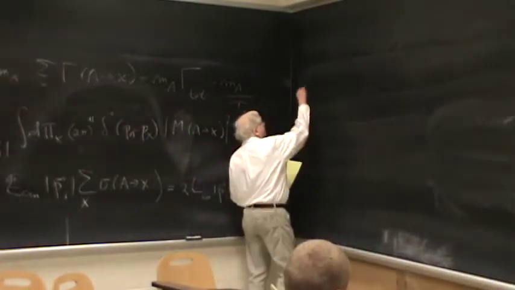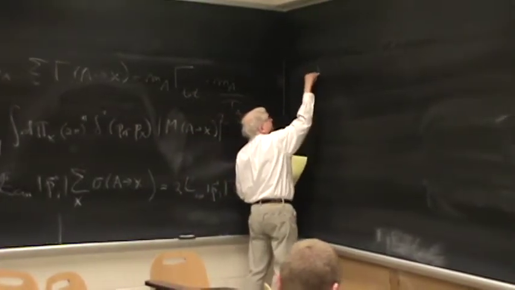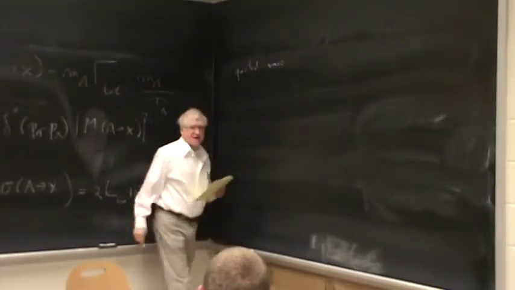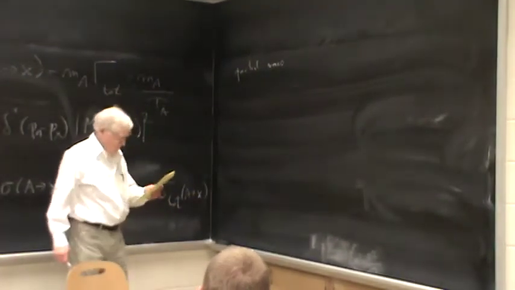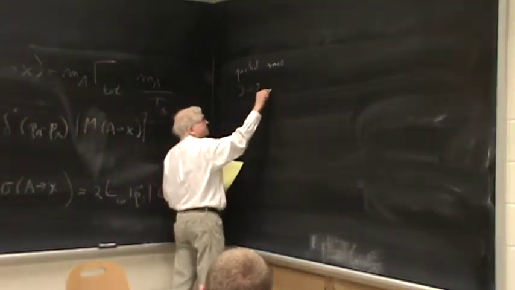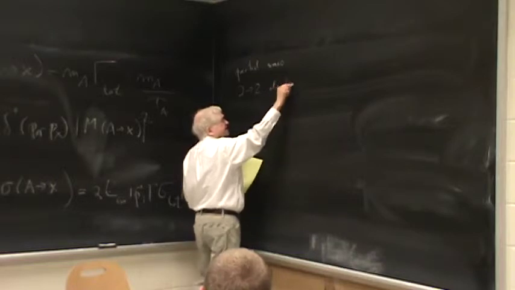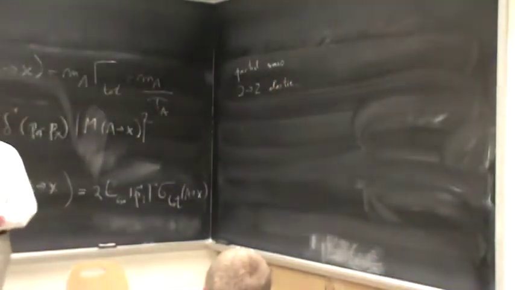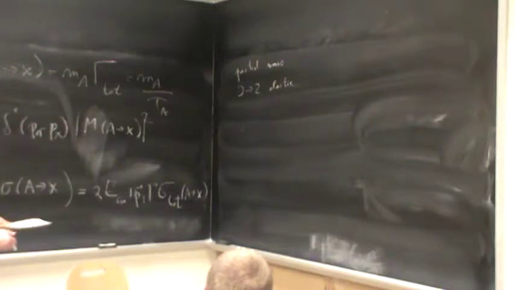Okay, now I want to go to the case of partial waves. And this is something you study in quantum mechanics class. So we're going to be talking about two particles, elastic scattering. Elastic, of course, means the kinetic energy in the final state is the same as the kinetic energy in the initial state.